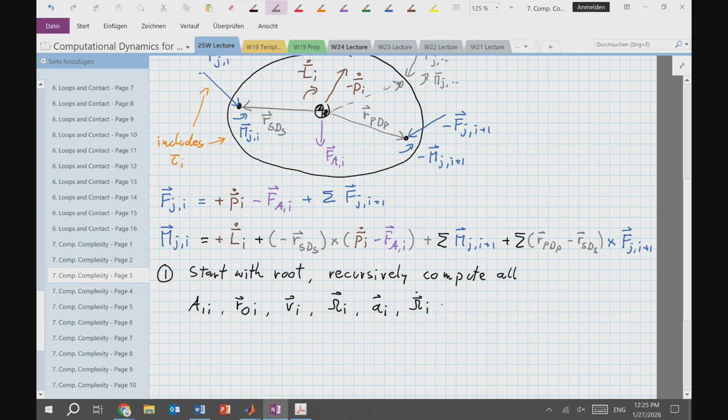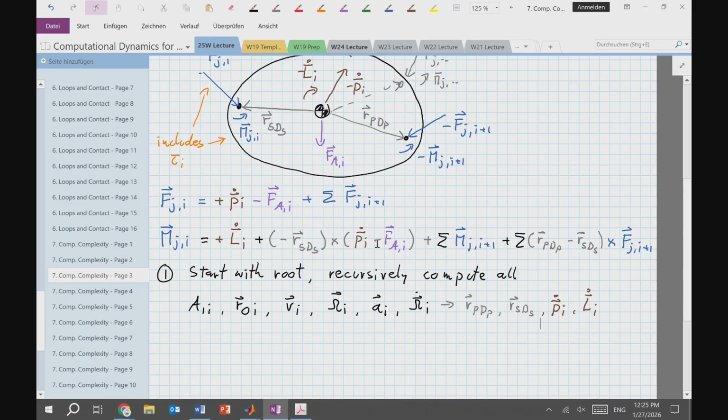The reason why we need this is because we need these lever arms RPDP, RSDS. To get that, we need the body orientations. We need the accelerations so we can compute the change in angular and linear momentum. And then depending on your system, you may also need the geometry to compute your FAs.